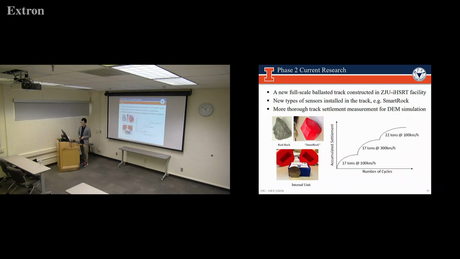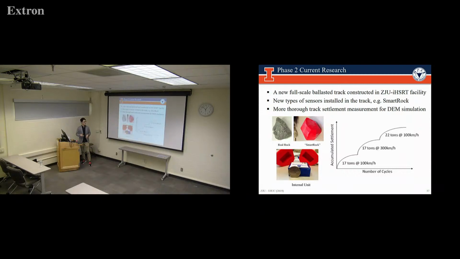And so that concludes our research for phase 1. For our current phase 2 research, we have already constructed a new full-scale ballast track in the ZJUI facility. We will also have some new types of sensors installed in the track, for example, the smart rock. The smart rock is a 3D printed item that tries to simulate actual rocks.